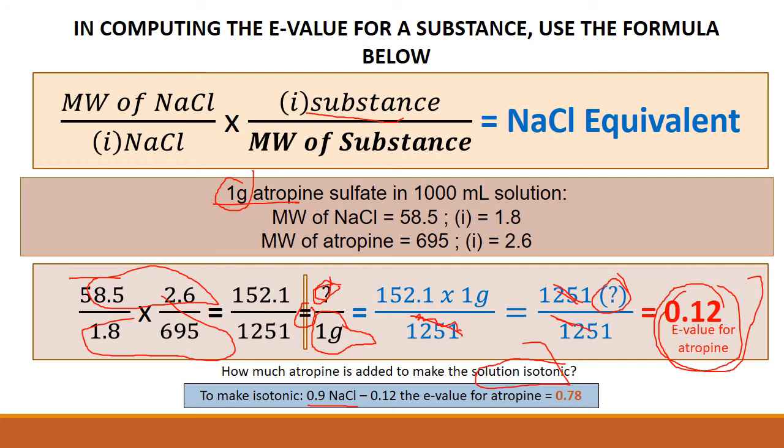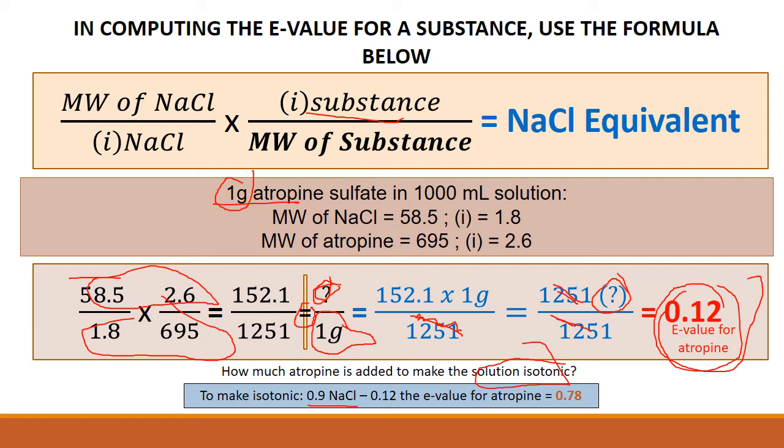So in computing for the E-value or the equivalent value for a substance, we have to use the formula. Since we are going to talk about sodium most of the time, we have to get the molecular weight of our sodium chloride, which is 58.5, a standard value.